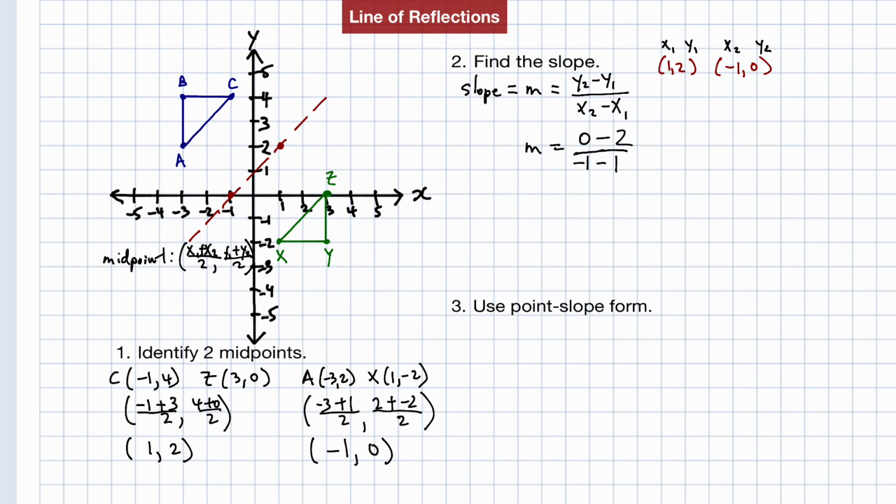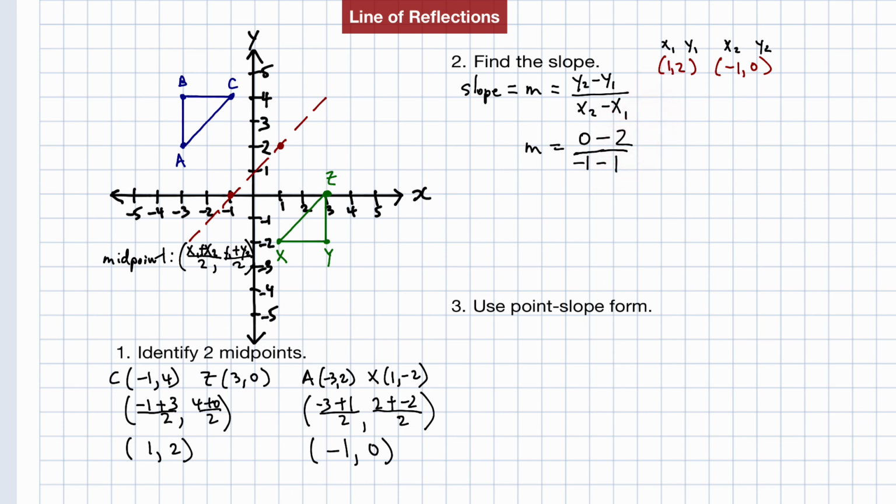So y2 again is 0, so we put that in there, and then y1 is 2. So it's going to be minus 2 because we're just following the equation here. x2 is negative 1, so we insert that here. Minus, so we keep the minus sign. And then x1 is 1, so we keep that there.